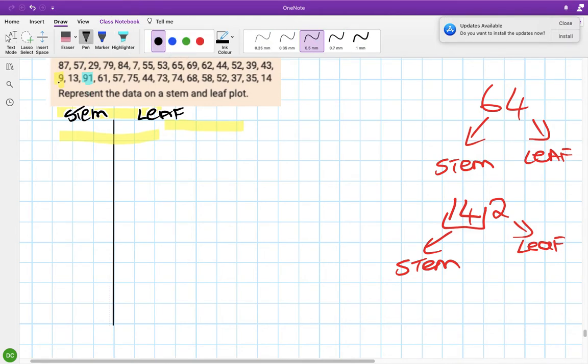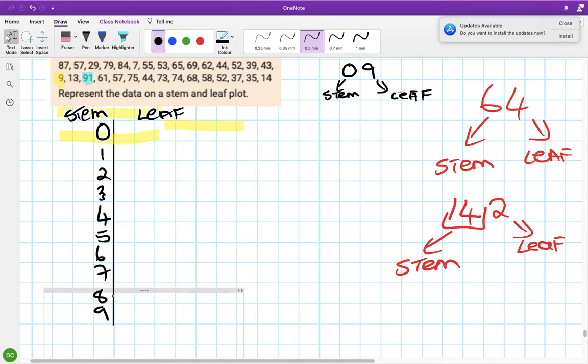In the case of something like 9, where it can't be split in two because it's only a single digit, then you call it 0, 9. So the stem there is 0 and the leaf is 9. So my stem is 0, 1, 2, 3, 4, 5, 6, 7, 8, 9.